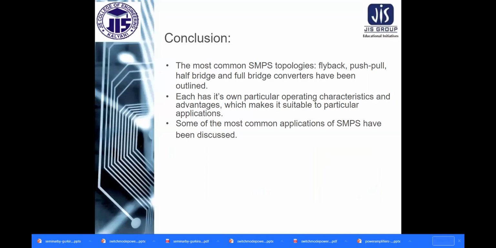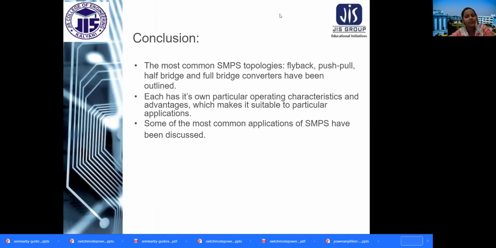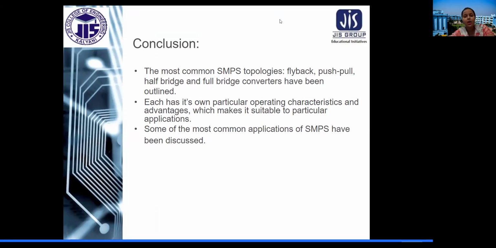So the most common SMPS technologies are flyback, push-pull, half-bridge and full-bridge converter. Each has its own particular operating characteristic and advantages, which makes it suitable to particular application.